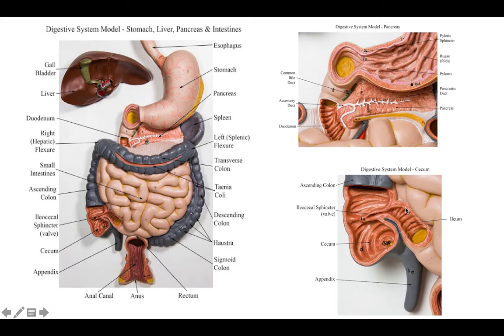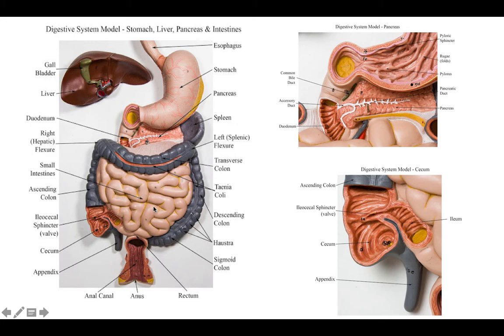Up here, you're going to see the entrance of ducts coming from the liver, the gallbladder, and the pancreas to dump in their digestive enzymes. We'll talk about the hepatopancreatic ampulla here that's going to dump into the duodenum.